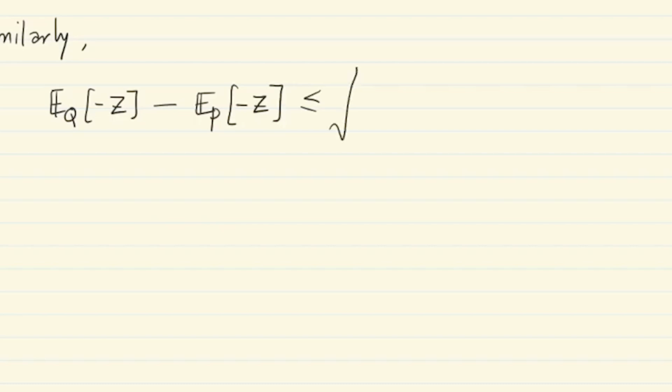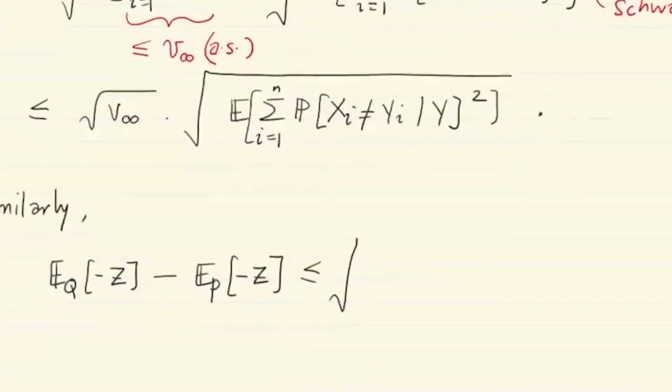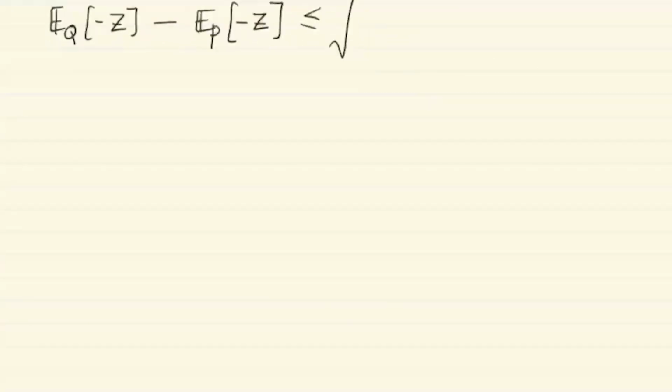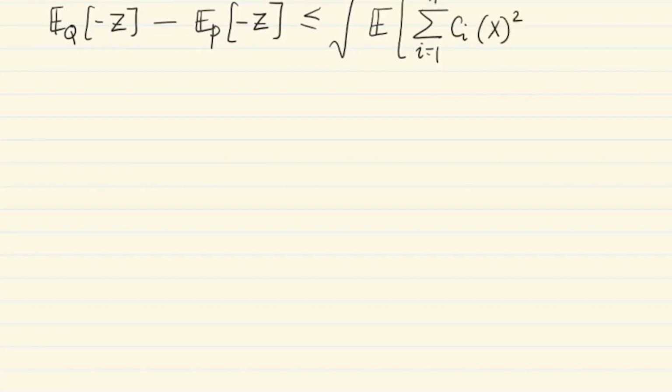So what you will have now is the expected value of the summation Ci x square, so we'll have x playing the role of y, into the same square root of the expected value of the sum of these conditional probabilities given x instead of given y.